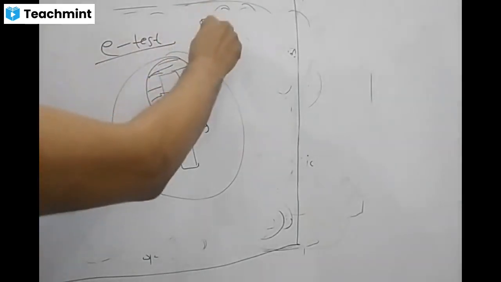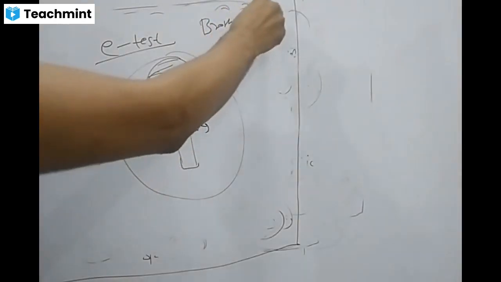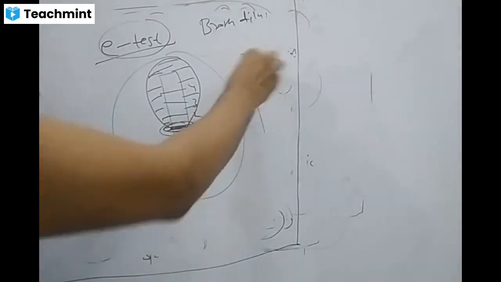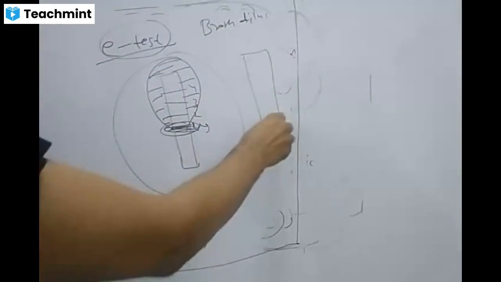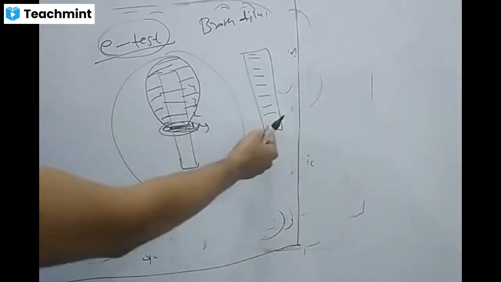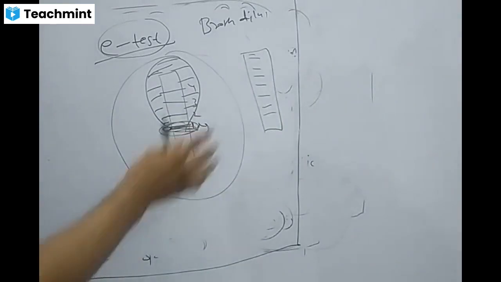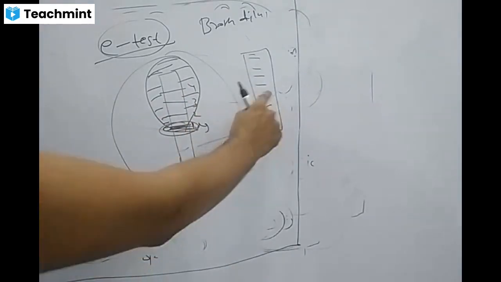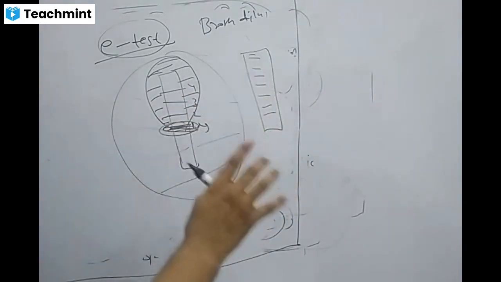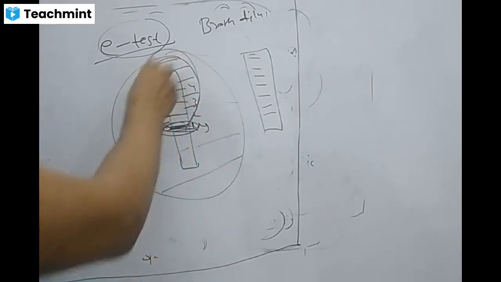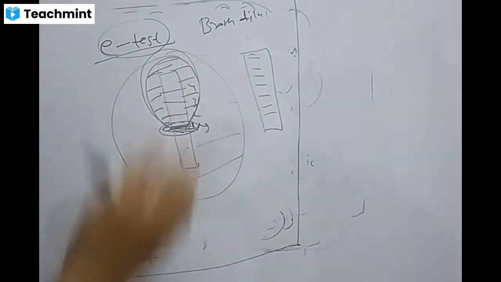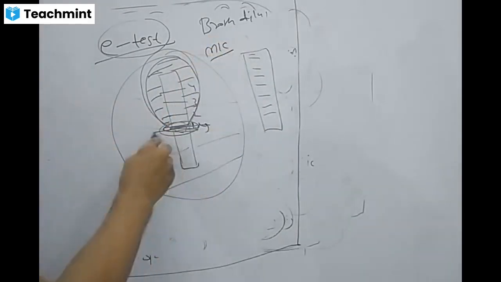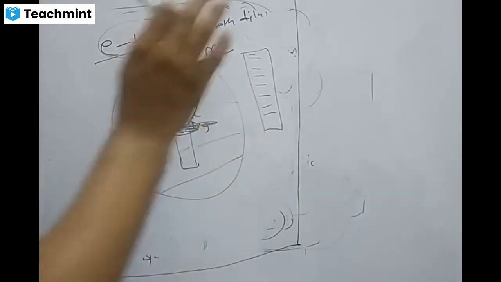So one method is broth dilution and the second is the E-test. In the E-test, we take one strip that contains different concentrations of the antibiotic, your drug. If we put this onto media where bacteria are present, the antibiotic starts killing the bacteria and clears them, making a zone. To measure the MIC, we look at the lowest concentration where growth is inhibited for the first time.